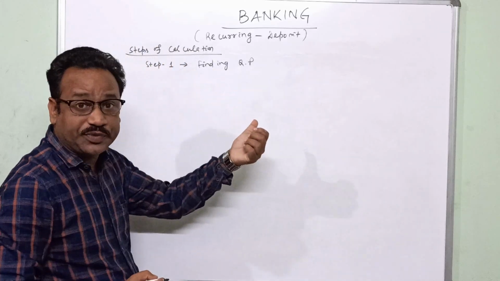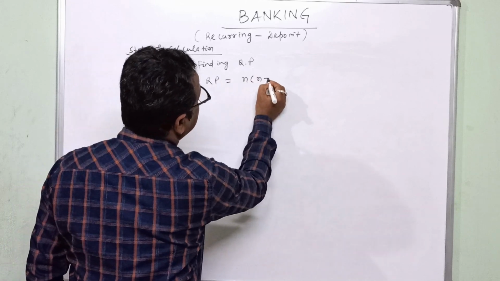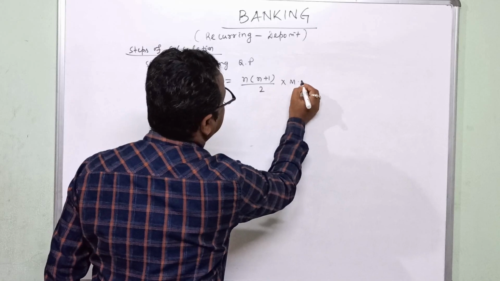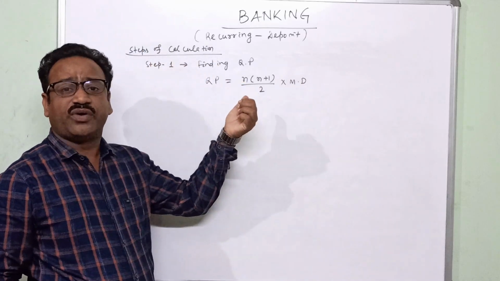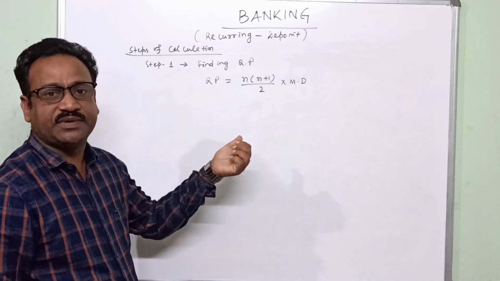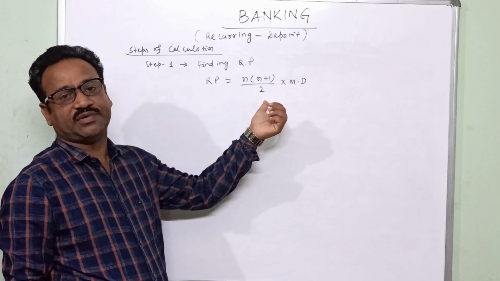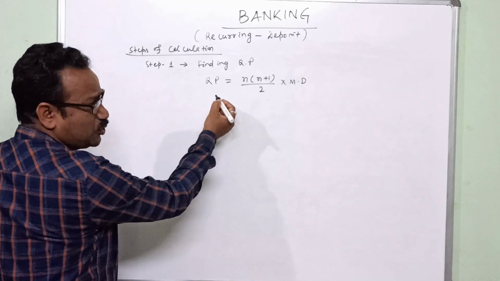How to find the QP? QP is equal to n into n plus 1 by 2 into MD, that means n is the time of deposit, for how many months you have deposited the money, into MD, the monthly deposit, all divided by 2. Now second, getting QP in step 1.